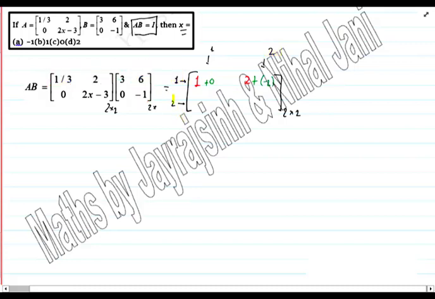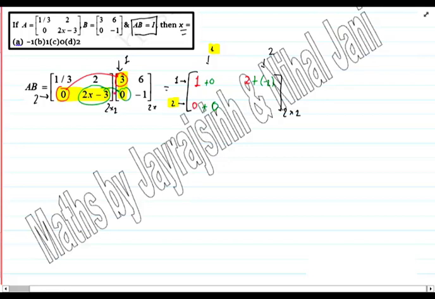Okay, now move to the next element, which is in second row and first column. So let's select second row and first column and multiply corresponding terms. 0 into 3 will be 3, and 2x minus 3 into 0 will be 0. Sorry, 0 into 3 is not 3, it's actually 0, right?